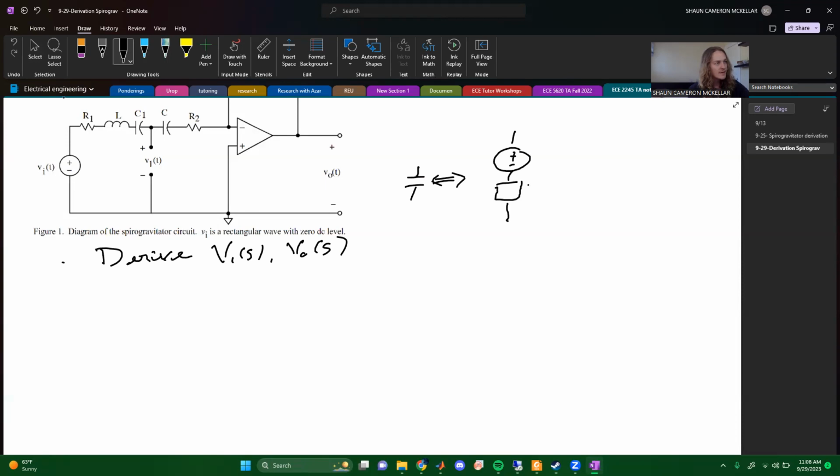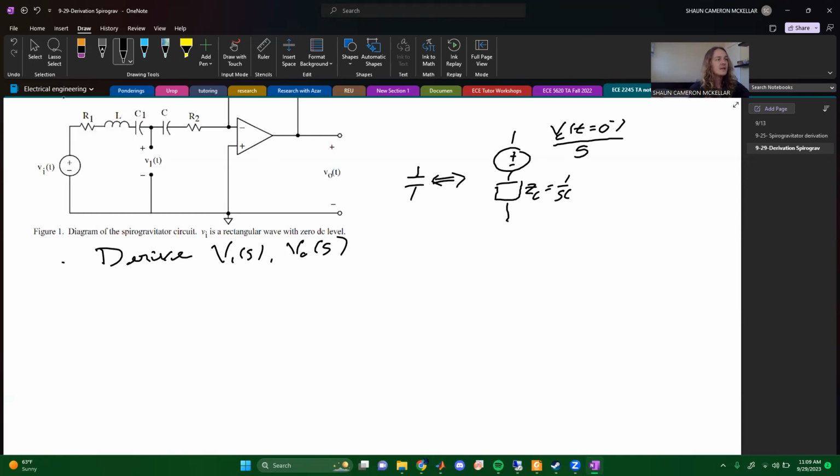We have an impedance Z sub C equal to 1 over SC, and a voltage source VC, the voltage across the capacitor at time t equals 0 minus, whatever the capacitor was charged up to before the switch, all over S. This term VC over S is how we model a constant voltage in the Laplace domain.